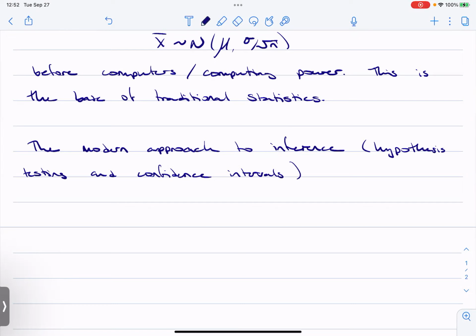So the modern approach to inference is to use the bootstrap. Okay. Should clean that up. Doesn't say bootstrap, does it? Bootstrap. Okay. Which is kind of cute if you think about it. You have to pull yourself up by the bootstraps. It's like, give your head a shake.